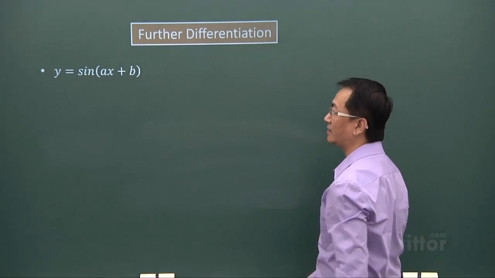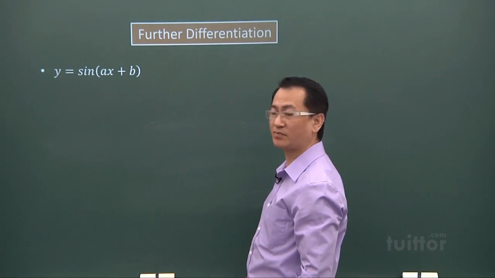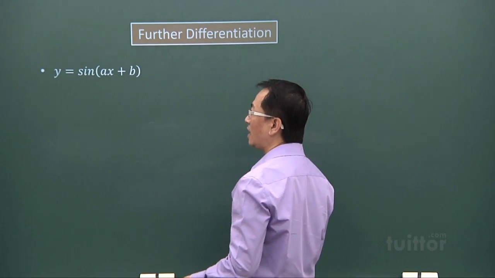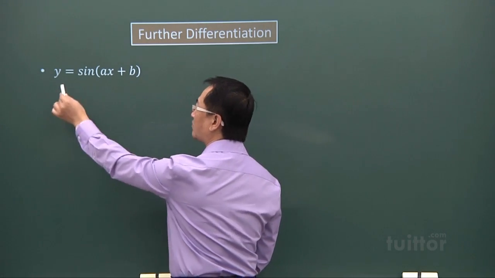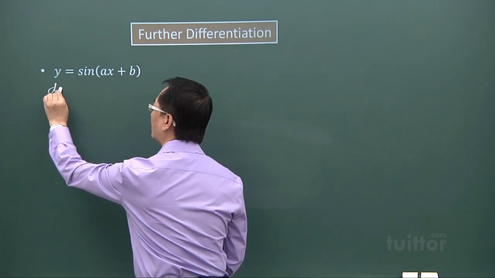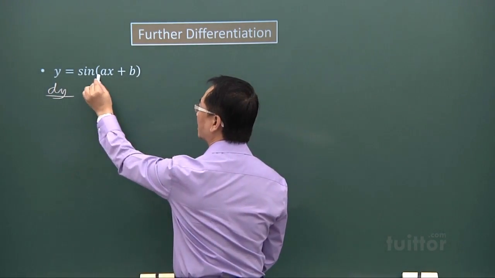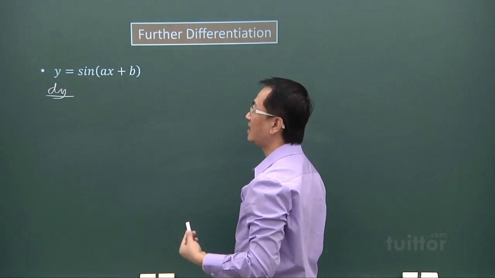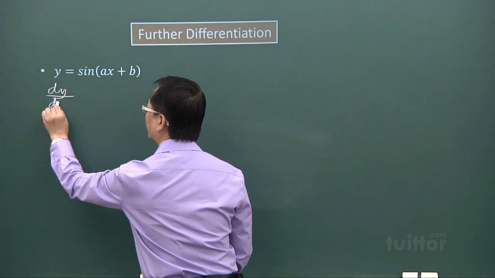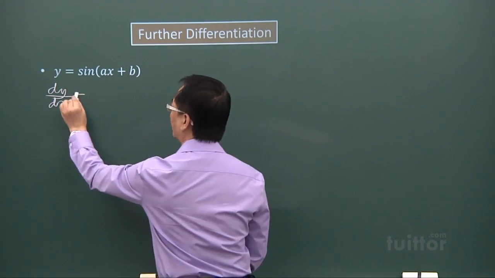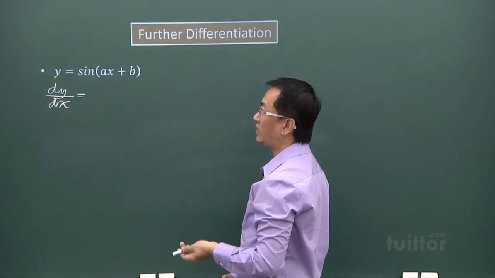The first one here, y equals sine bracket ax plus b. If we differentiate this expression, because the subject is y, then it will be dy over dx. Now just remember the rule we had.